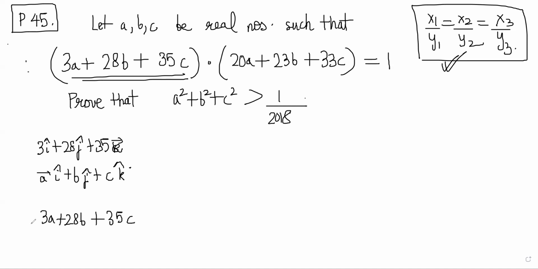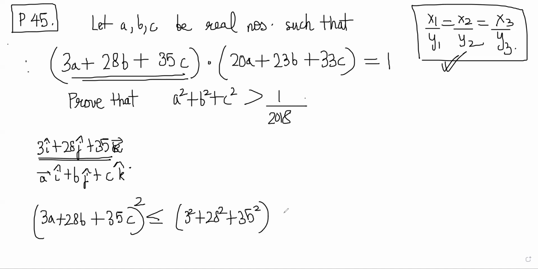And by the inequality we have just now seen, this square should be less than or equal to the individual mods of these vectors, right? 3 square plus 28 square plus 35 square times a square plus b square plus c square. I hope it is clear to you, Vinay.